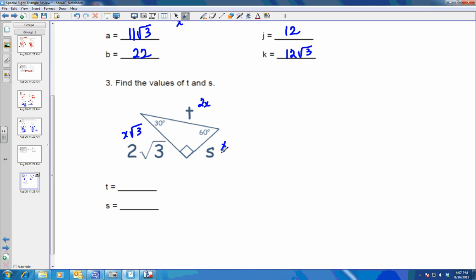Let's find s first. S is just going to be, what, 2? Because if s is x, and this is x square root of 3, that means that s has to be 2, which means t is going to be 2 times that. So t is 2 times x.